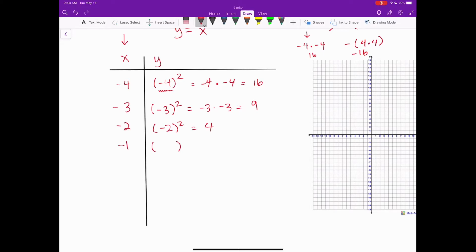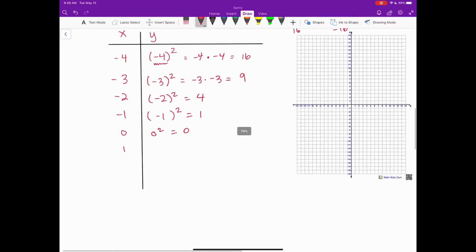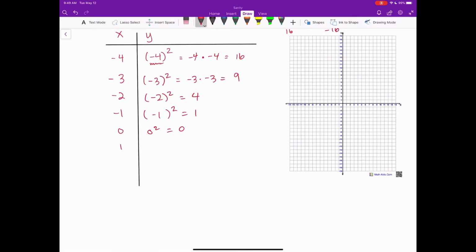Negative 1 squared, negative 1 times negative 1, just positive 1. 0 squared is obviously just 0. And then I could do the same thing going with our positive numbers, but that's just a lot easier. 1 squared is just 1. If I plug in x equals 2, 2 squared is 4. Let's just finish this off real quick. 3 squared is 9.